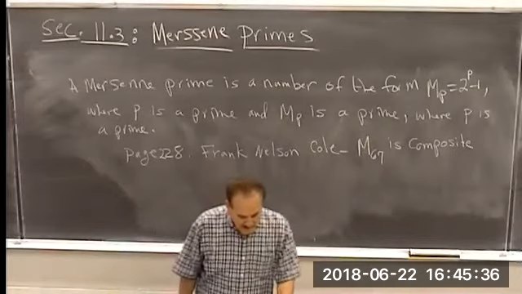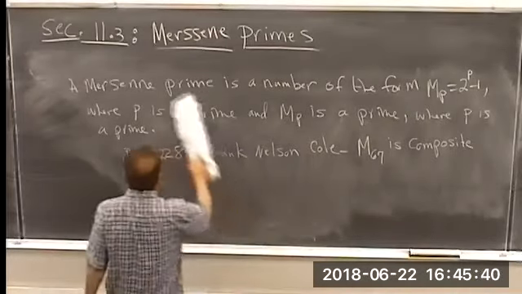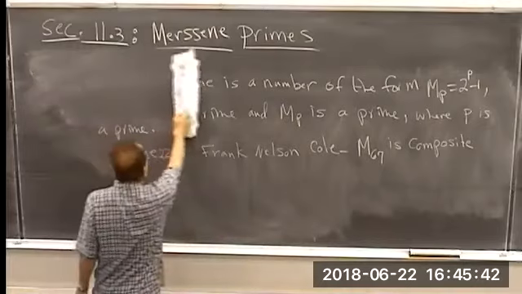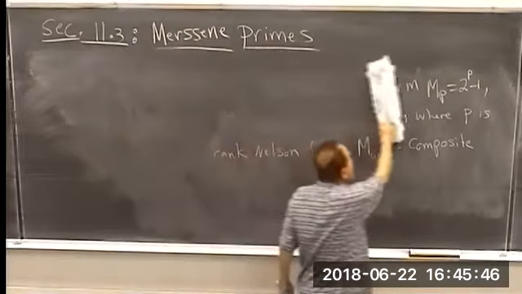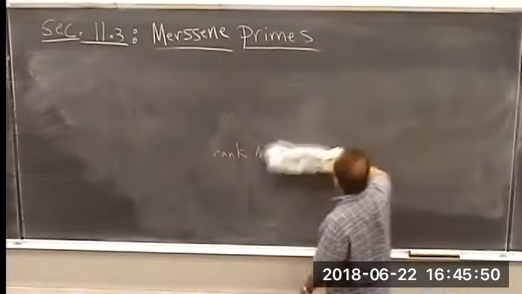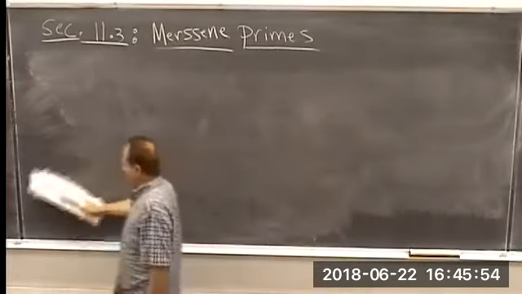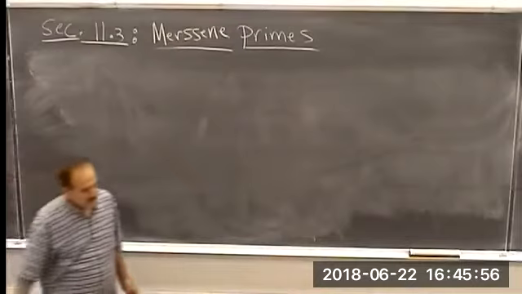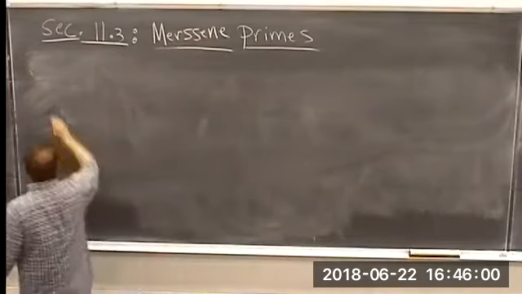All right, so let's get started by looking at some special types of Mersenne numbers and find some sort of prime factorization of such numbers. So this is the first theorem, Theorem 11.3.